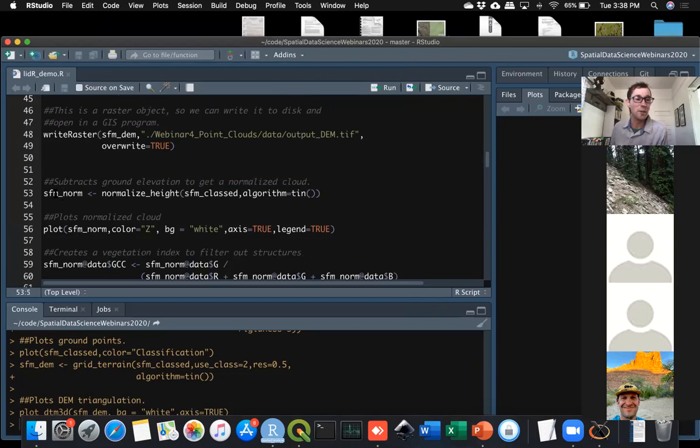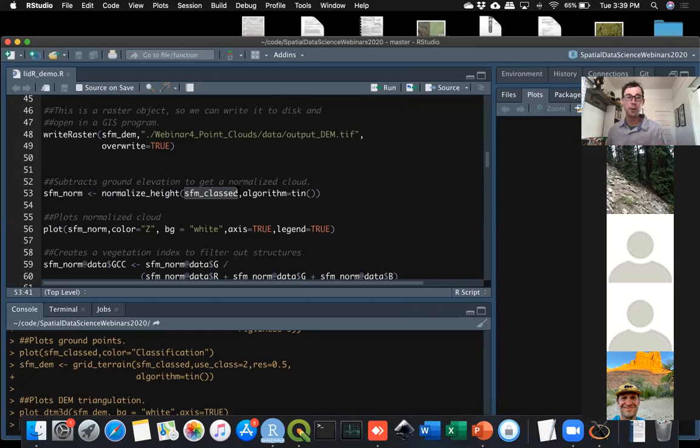And that's normalizing the cloud so that it becomes height above ground instead of height above sea level. That's the function normalize_height. You'll notice I'm just passing the point cloud in here, and I'm not passing the point cloud and the DEM.